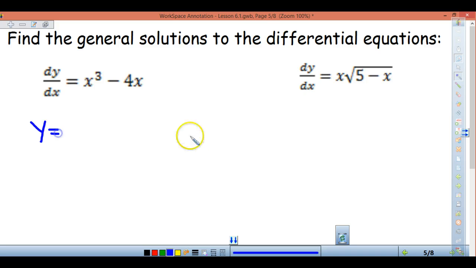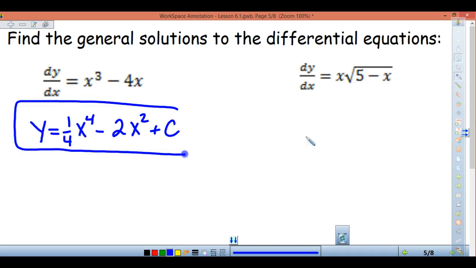So y equals, so I go up a power, so 1/4 x to the 4th minus 4 halves x squared, so 2x squared, plus c, because there could have been some constant here that when I took the derivative it went to 0.